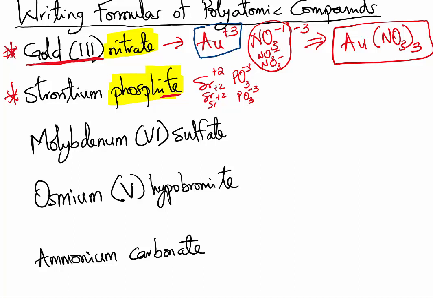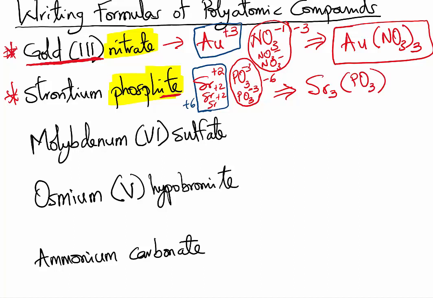That ensures that the total negative is -6 and the total positive is +6, which means that the formula for strontium phosphite will be Sr3(PO3)2. If you write this formula without the parentheses around the polyatomic ion, you will be wrong.